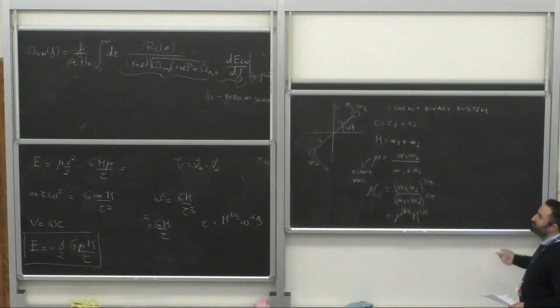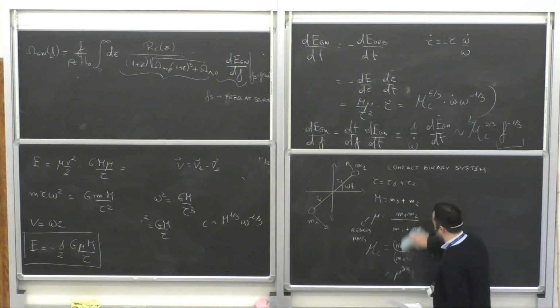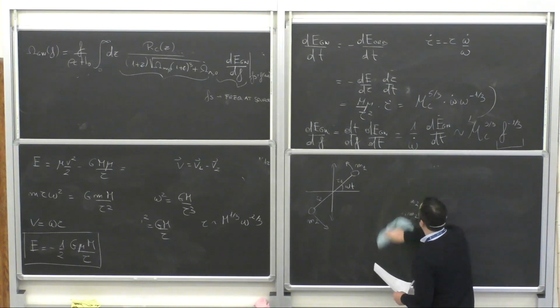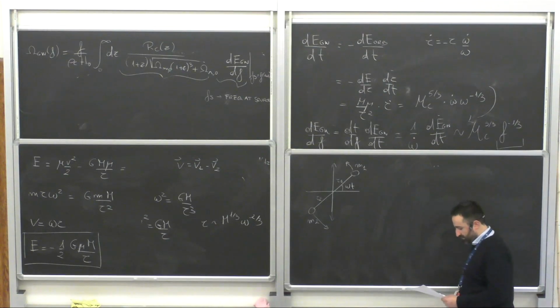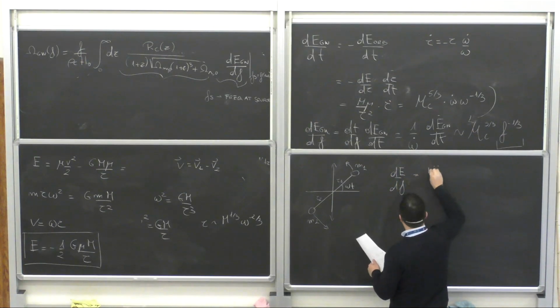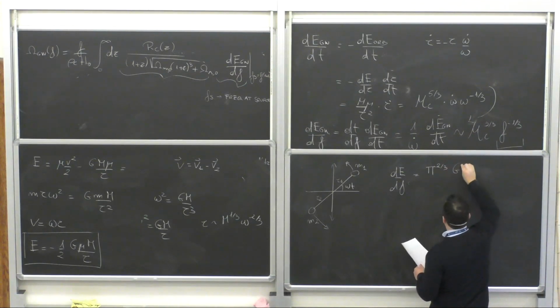Also, if you do the proper calculation, and I suggest you do it, what you get at the end is the following. The exact calculation gives you pi to the 2/3, G to the 2/3.